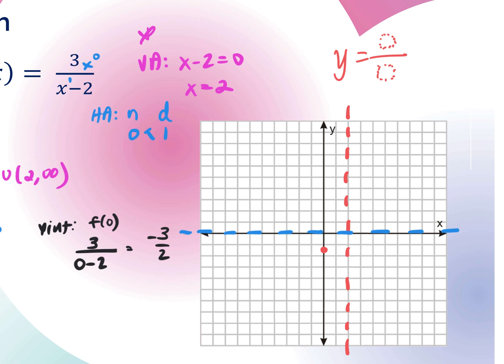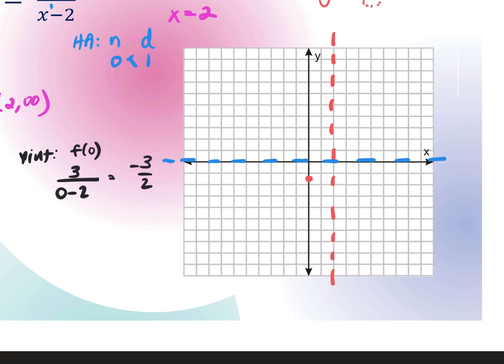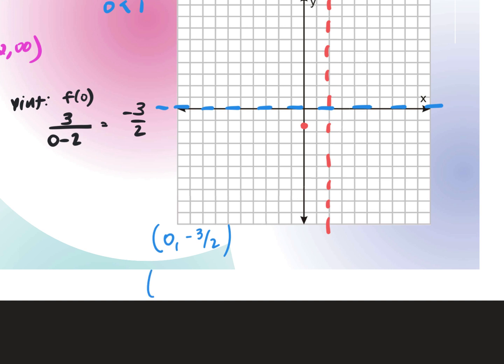So you're going to be asked, one second, Hannah. You're going to be asked to give additional points. I want additional points, 2 to the left of the vertical asymptote and 2 to the right. I don't care which ones you pick. I'm going to plot 0 and negative 3/2, and I'm also going to plot 1 and negative 3.